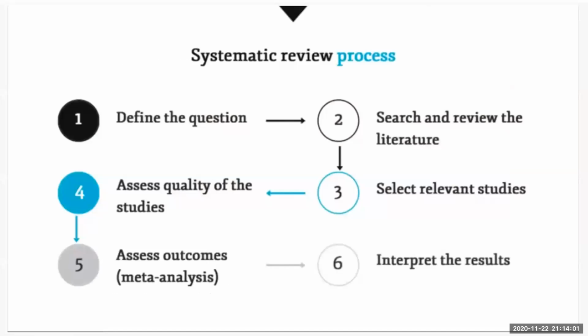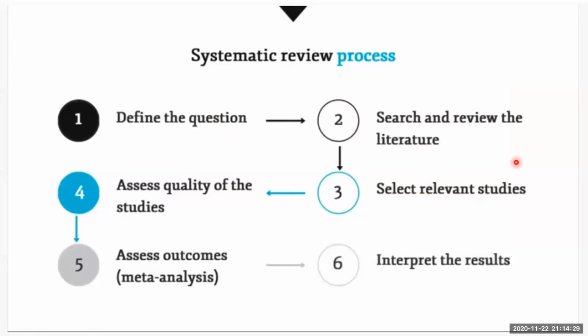The systematic review process passes through these steps. First of all, defining the question. It is similar to the critical appraisal process in general. So, by the way, systematic reviews can be critically appraised as well, as I will show later. Define the question, and then search and review the literature, and then select the relevant studies.